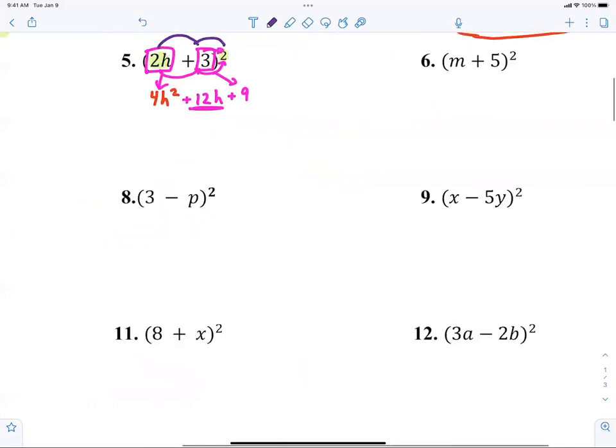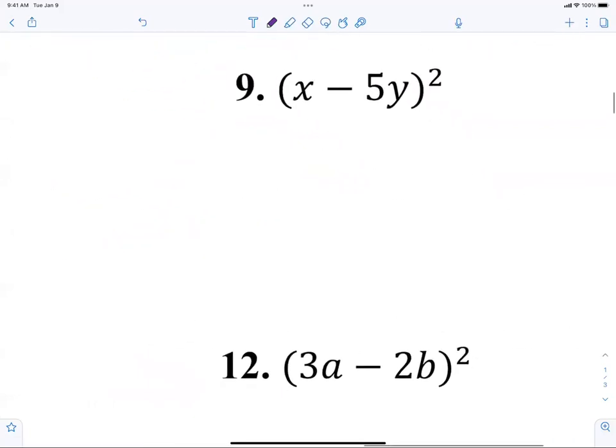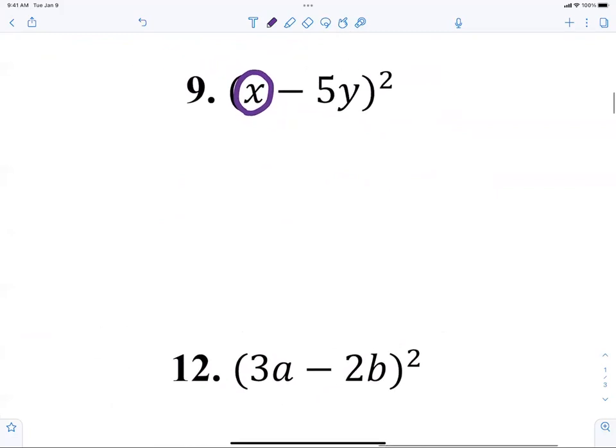Misha Martin, number 9. Square the first number. Yes, x squared. Beautiful. Exactly. Now don't be confused just because you got a harder one.